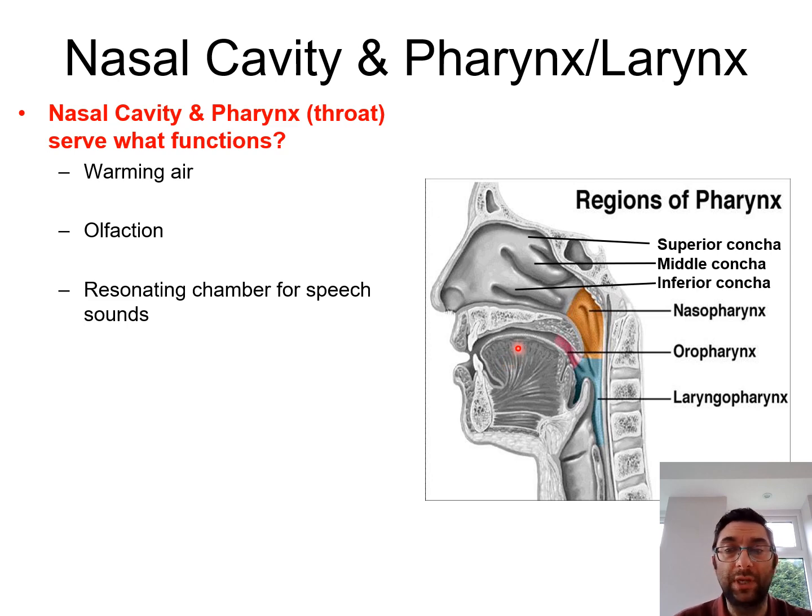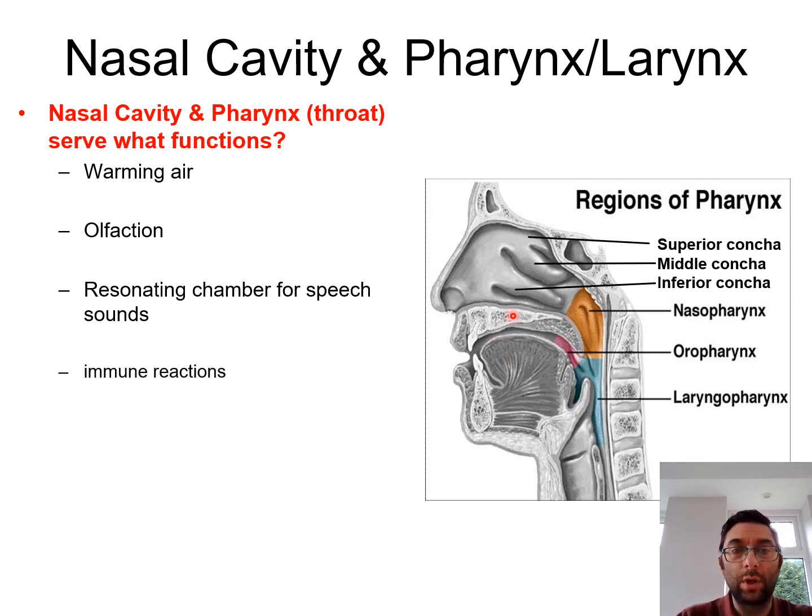As you're speaking and you're bringing air in through the mouth and through the nasal cavity, that can alter the way we sound and the way we speak. That's why if you pinch your nose, your voice sounds different, because you're not getting as much air going through the nose, and therefore it affects the resonance of that noise.